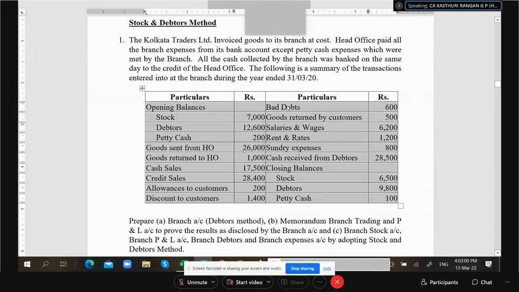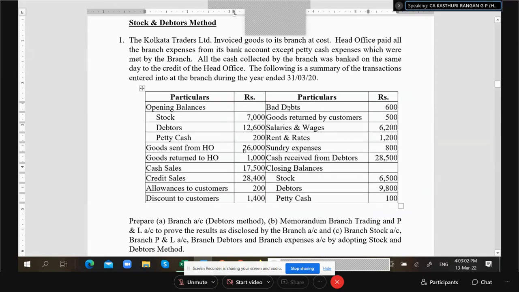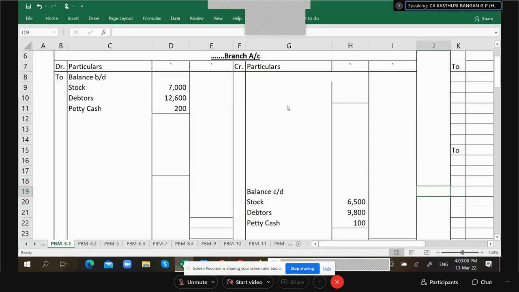Goods sent from HO. So HO sending goods to the branch means the branch is receiving. When the branch receives goods, we have to debit the branch account. Branch account debit to goods sent to branch account, 26,000. Of course, put the total of the opening balance and the closing balance. To goods sent to branch, 26,000.